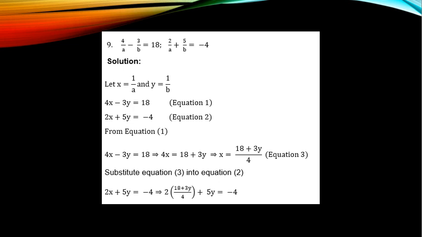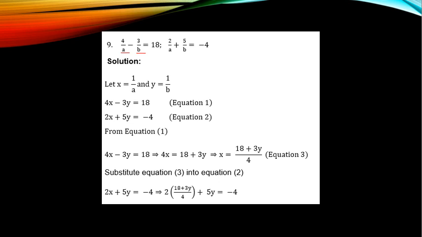Like I explained in that lesson, if you try to clear the fractions by multiplying through by the LCM of a and b, you will have non-linear equations which you cannot solve simultaneously. Since the unknown is at the denominator, you factor it out, such that you write 4 over a as 4 times 1 over a, and 3 over b as 3 times 1 over b.